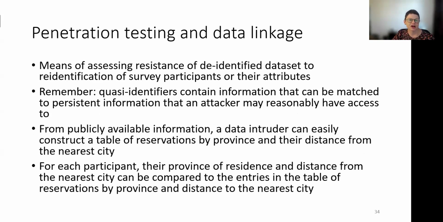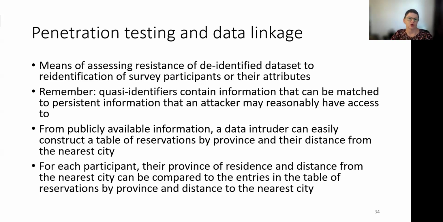Quasi-identifying variables are variables that contain information that could be matched to data in external sources. Now, you don't have information on a website somewhere with somebody's name next to the distance to a large city.